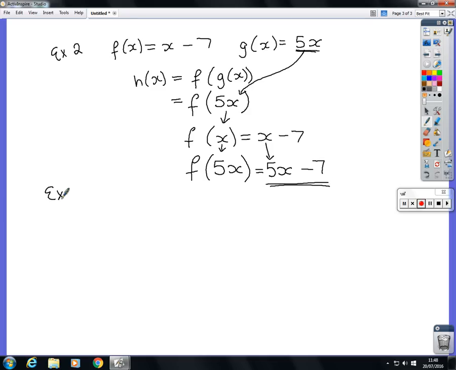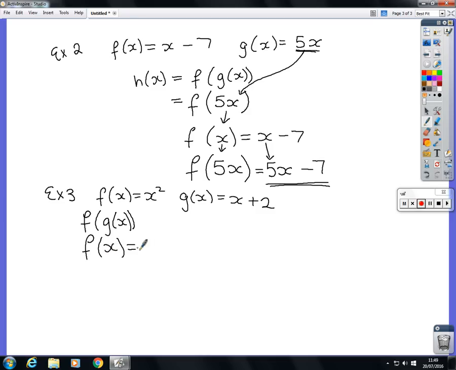Example 3, f of x is equal to x squared and g of x is equal to x plus 2. We need to find f of g of x. So we copy down f of x, which is x squared. Now we insert g of x in the position where x is in the brackets.